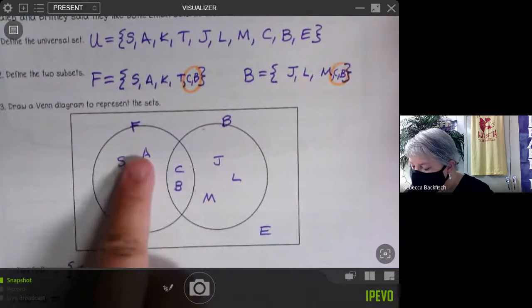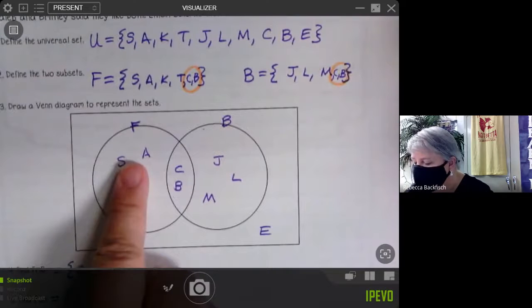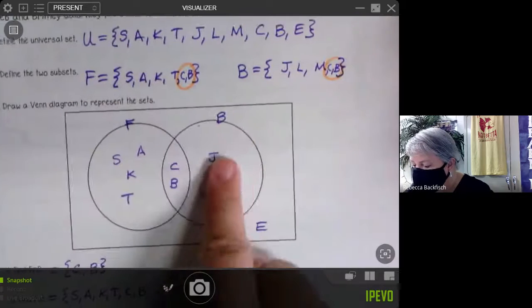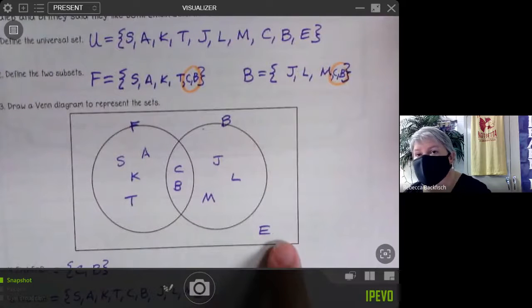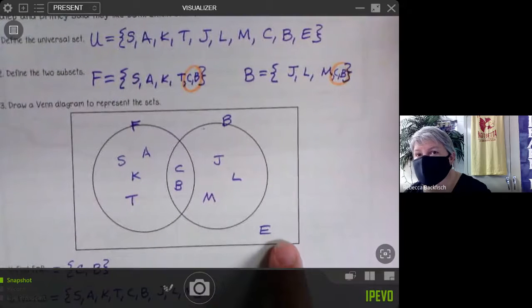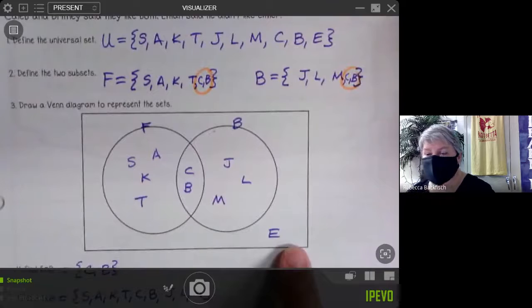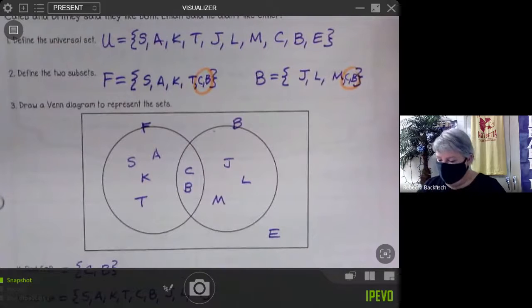Then outside of the intersection, but still in F, is anybody who's in F but not in B. And outside of the intersection but still in B is anybody who's in B but not in F. Then it said Ethan doesn't like either football or basketball, so he goes outside of both sets. So that's what your Venn diagram on that one should look like. Let me give you a second to double check it more closely and make sure yours does.